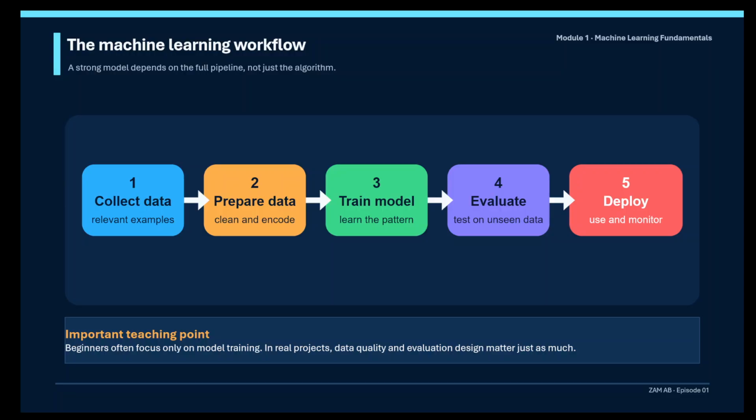Although model training is significant, and we are not undermining the importance of training the model, data quality and quantity are equally important as training the model. Preparing data is equally important as training models. So data quality and evaluation design matter just as much as the model training.